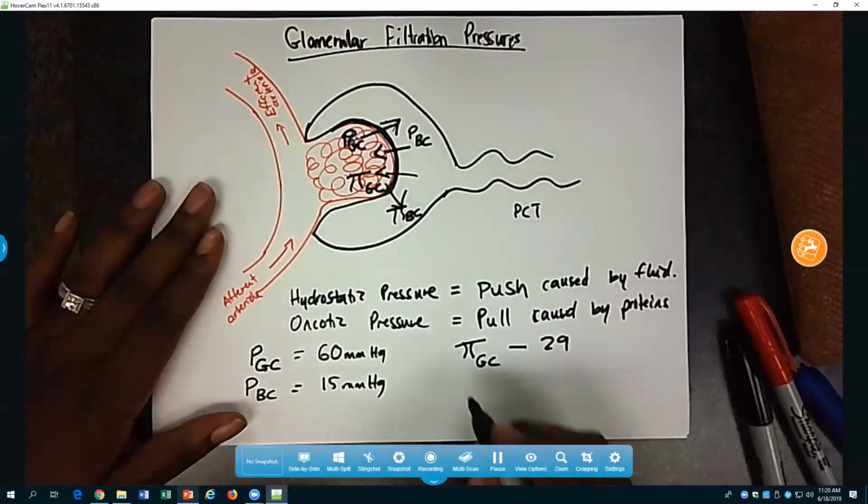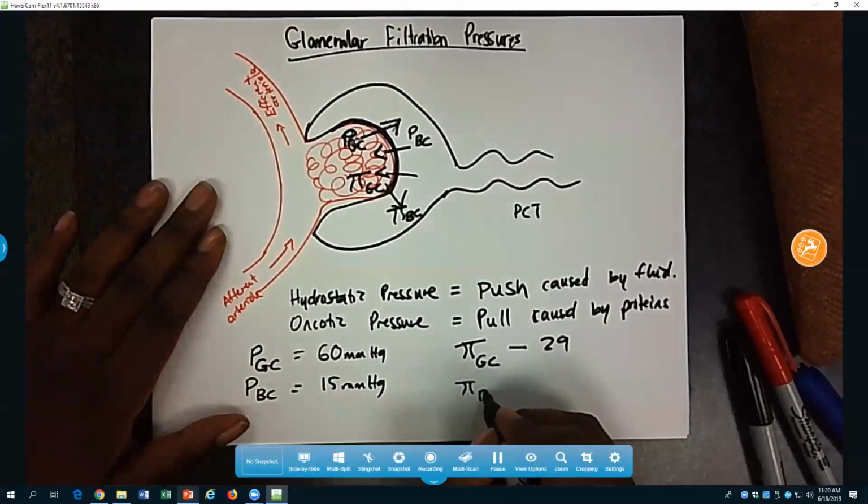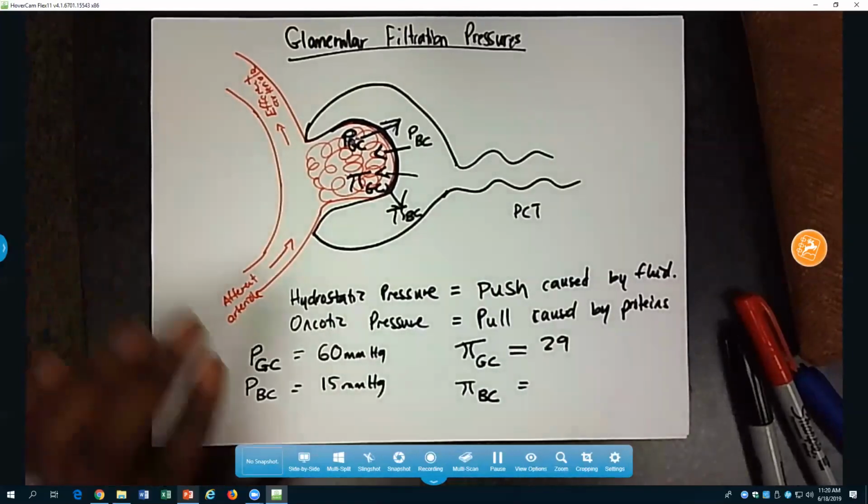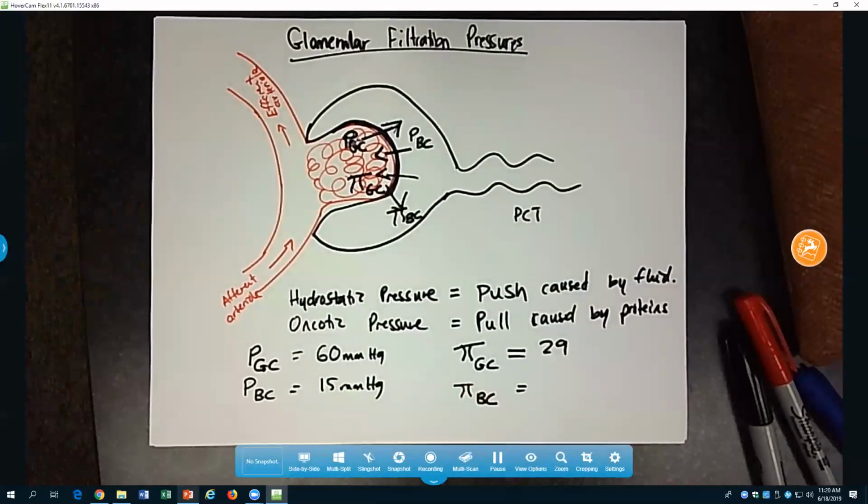What would the oncotic pressure in the Bowman space, in the Bowman's capsule, be? 0. Why is it 0? It's sort of a trick question. This has to do with something I've been saying all along. Why is the oncotic pressure in the Bowman's capsule 0?